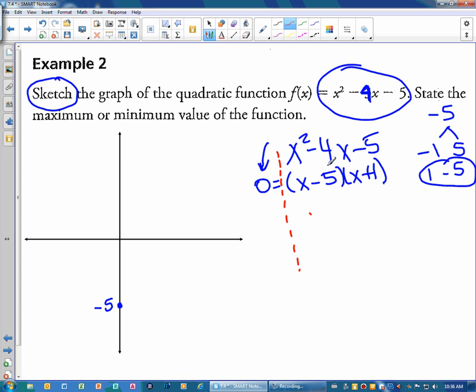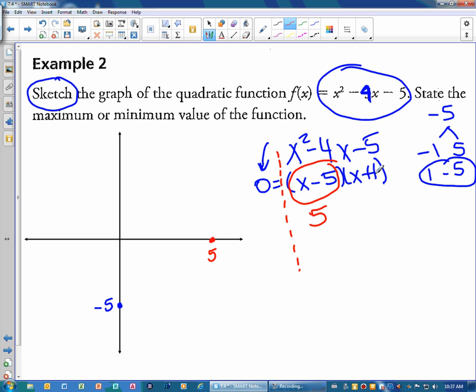So what can x be here in this bracket? What x value would make this bracket 0? Well, it's 5. Because if I plug 5 in here, I'll have 5 minus 5 is 0. If I plug 5 in there, I'll have 5 plus 1 is 6, but I'll have 0 times 6, and I still have 0 on my right side. So 5 is one of the values that will make my equation 0.